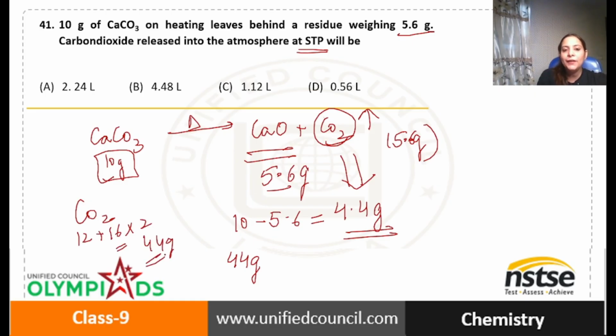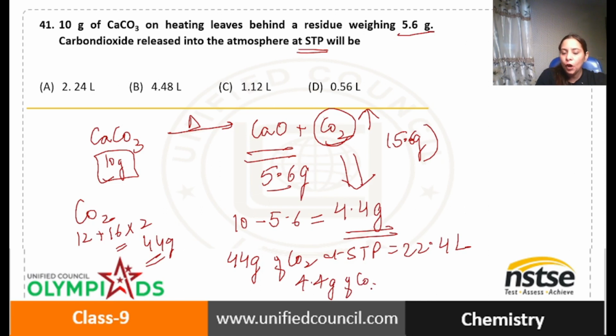So one mole weighs 44 grams. 44 grams of CO2 at STP occupies a volume of 22.4 liters. These are the standard conditions of temperature and pressure. Now if we have 4.4 grams of CO2, how much volume will it occupy? Obviously 22.4 divided by 44 into 4.4, which comes out to be 2.24 liters.